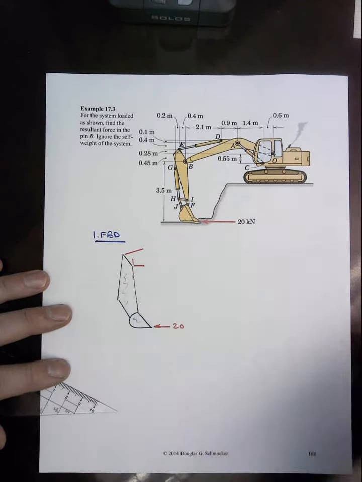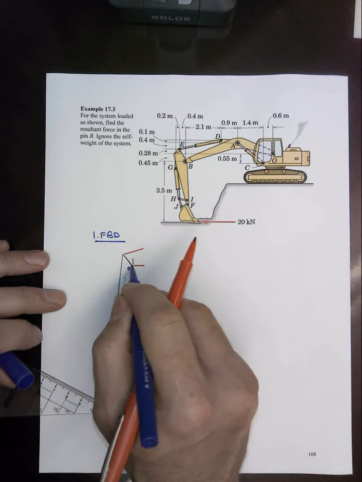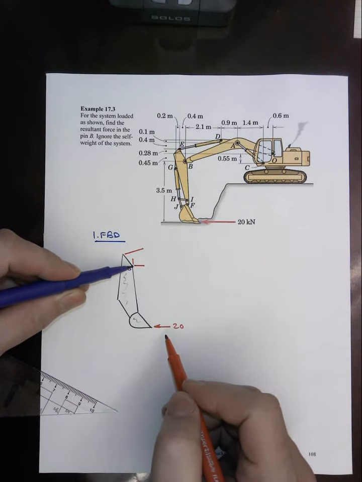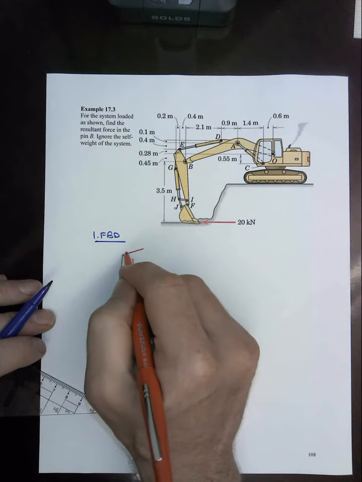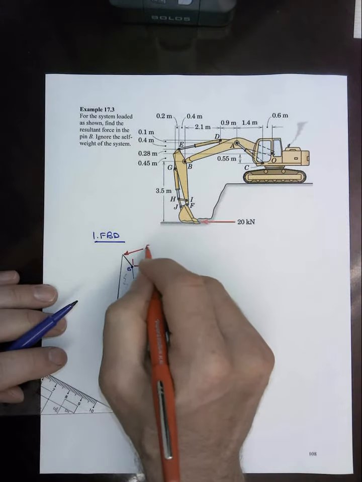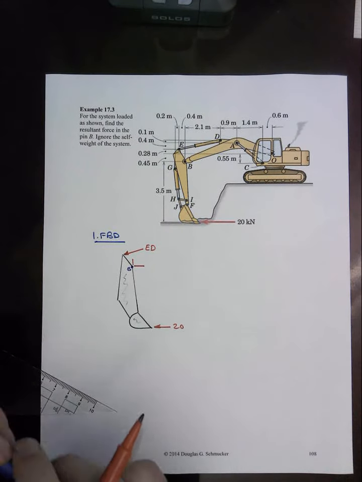If we were to sum moments about point B, we could then figure out that the 20 kilonewton load wants to spin everything about the pin at B in a clockwise fashion, so that means that ED, the hydraulic cylinder, is actually going to be going in the other direction. And that means it's headed downwards and to the left.